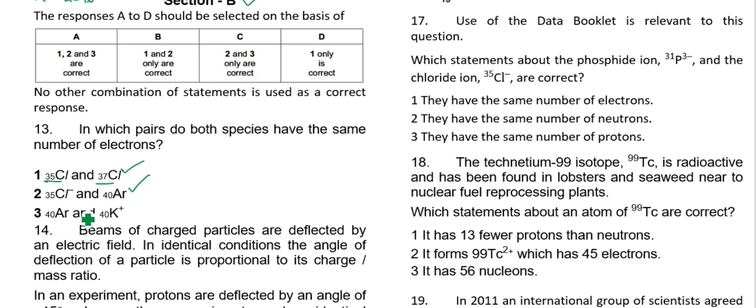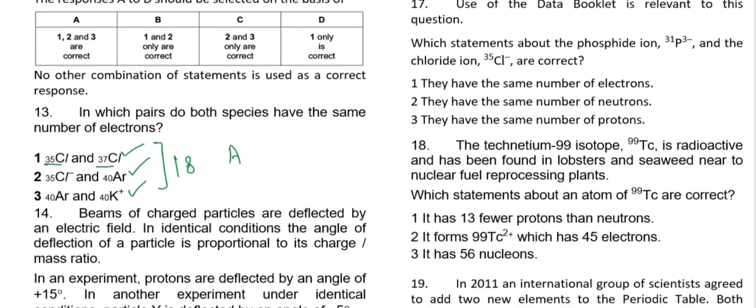Then argon 18 and K positive: the potassium ion has 18 electrons, so all of them have 18 electrons. In this scenario, A will be our right choice, meaning suggestions 1, 2 and 3 are all correct.